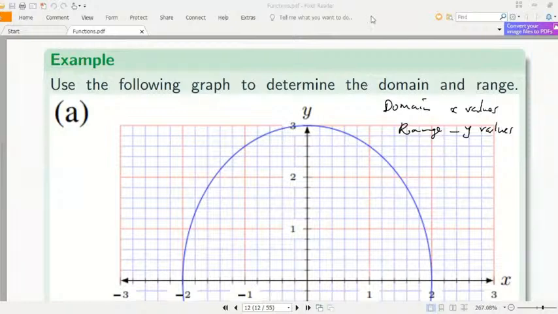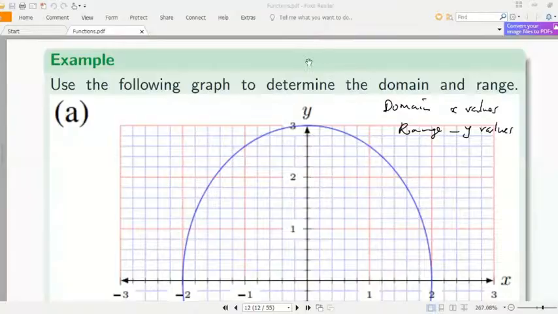So we will say that the domain will mean the x values and the range will mean the y values. So if you're given a graph like this and you're asked about the domain, just give us the x values, and for the range, you give us the y values.